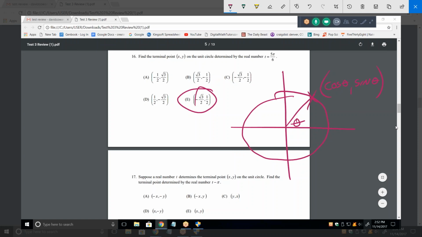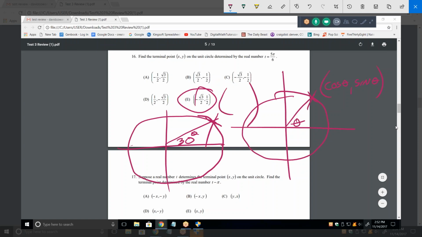So let me test you. What's this point right there? The square root of 3 over 1?